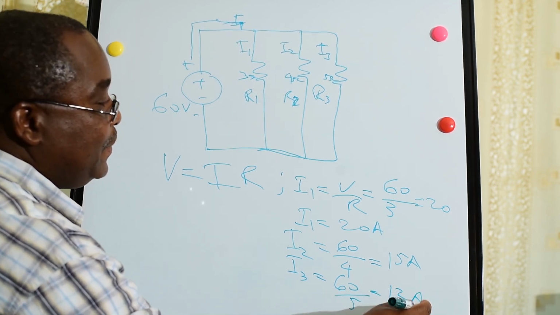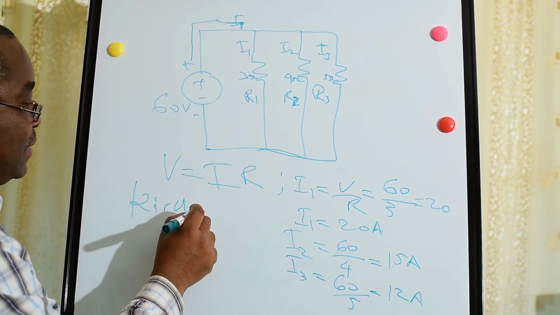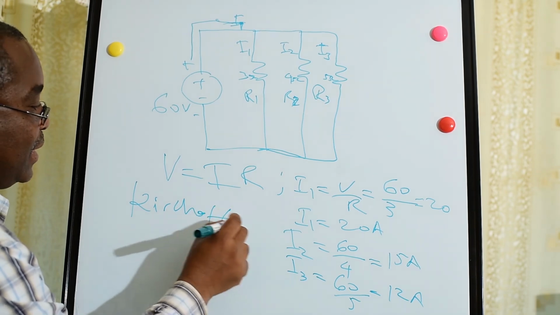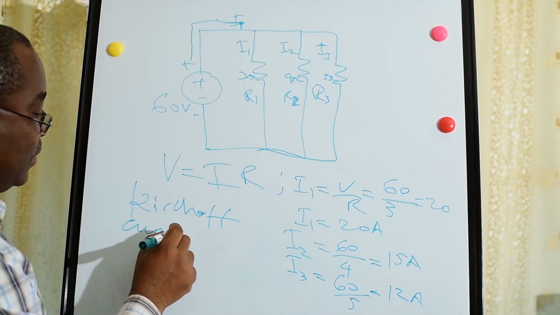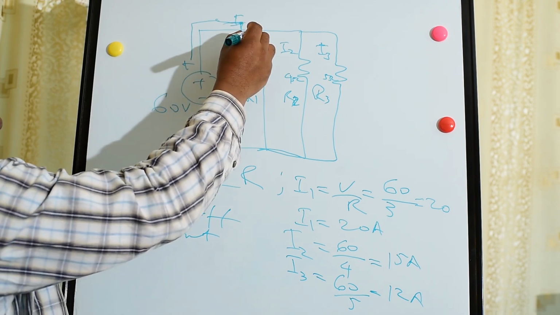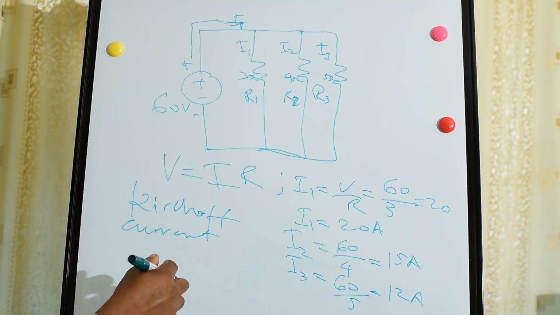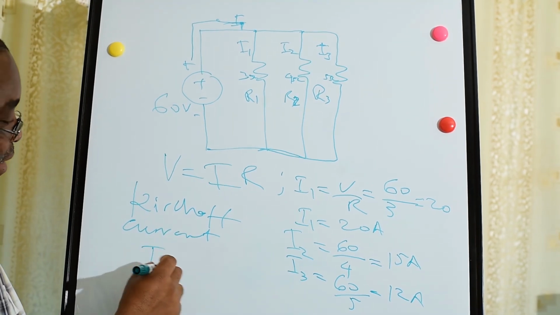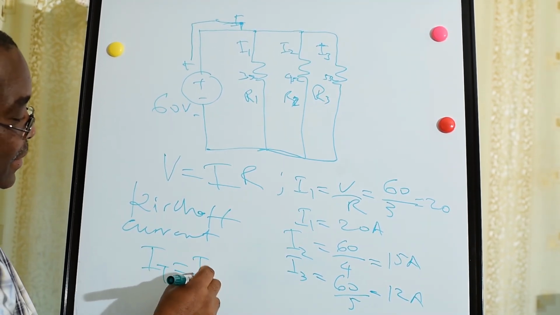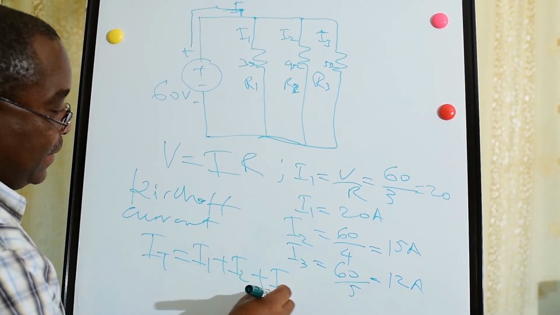According to Kirchhoff's current law, the current flowing into a node is equal to the current flowing away from it. So the total current will be I1 plus I2 plus I3.